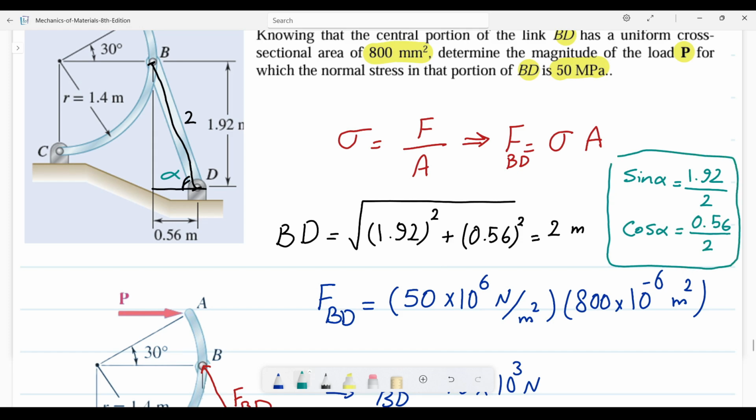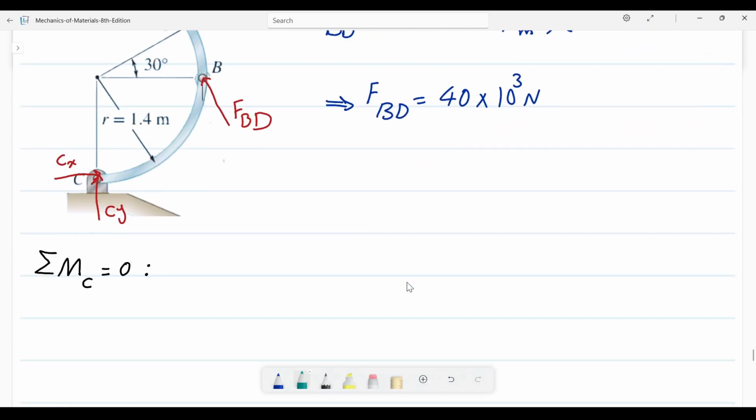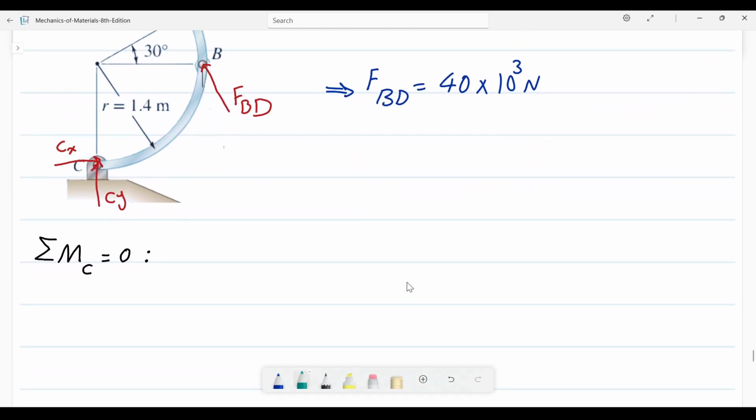We know these two values, so let's write the equation.